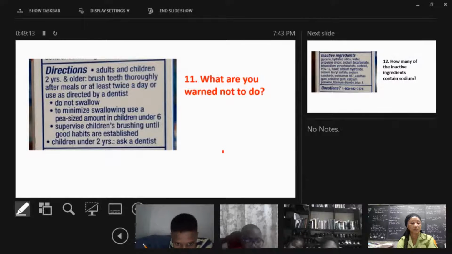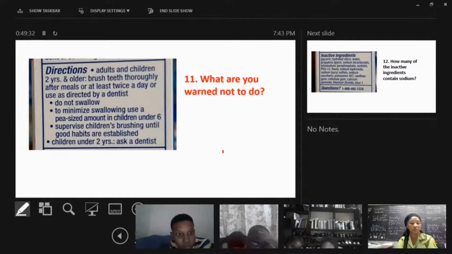Number 11. What are you warned not to do? Directions. Adults and children 2 years and older brush teeth thoroughly after meals or at least twice a day or use as directed by a dentist. Do not swallow.